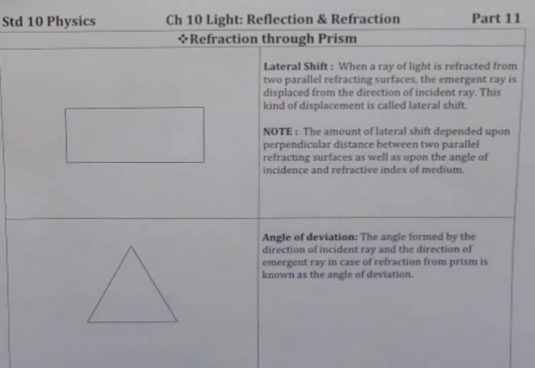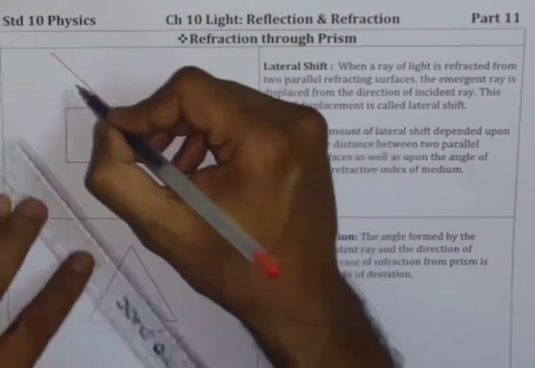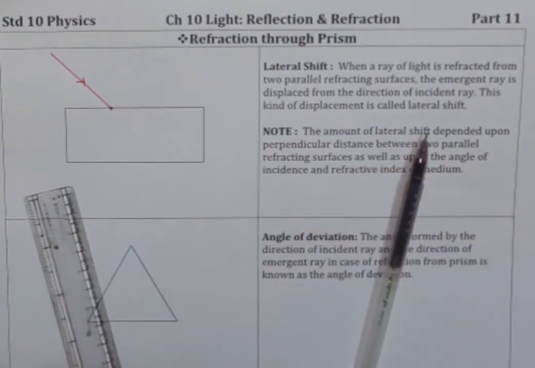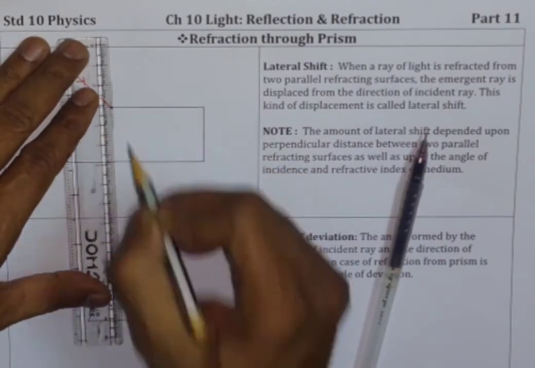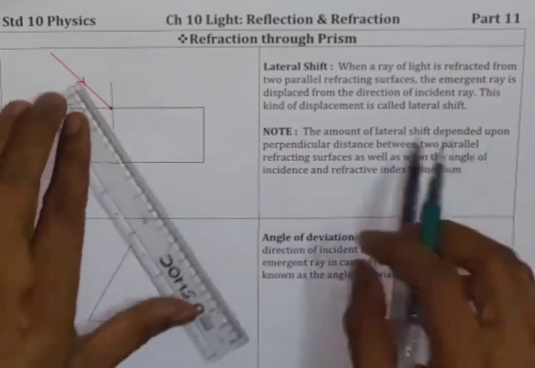What is lateral shift? Try to understand. Here, an oblique incident ray is incident at this point on one face of a glass slab. I'll draw the normal. Now it is going to bend towards the normal.